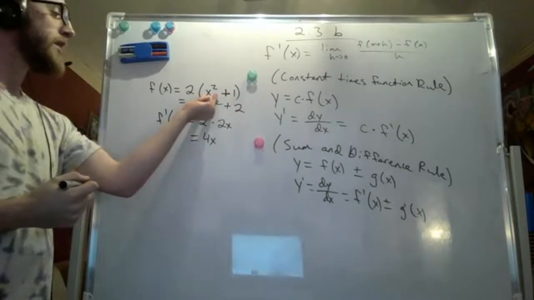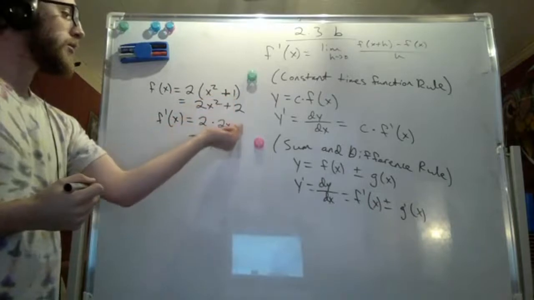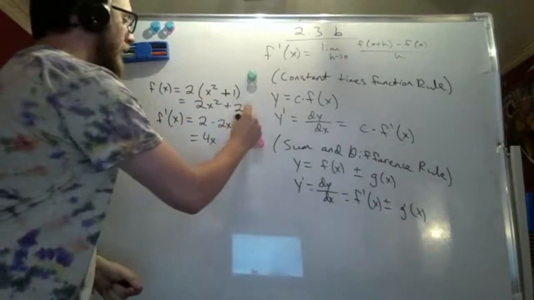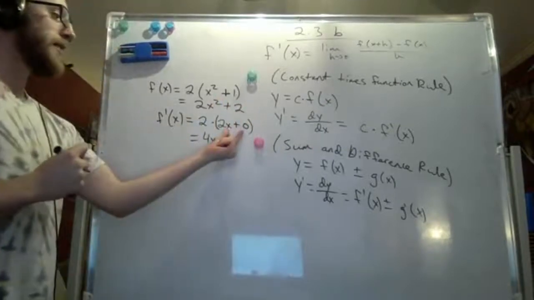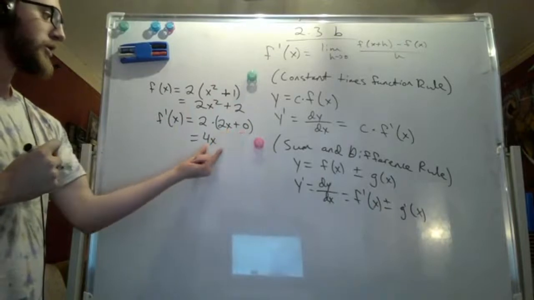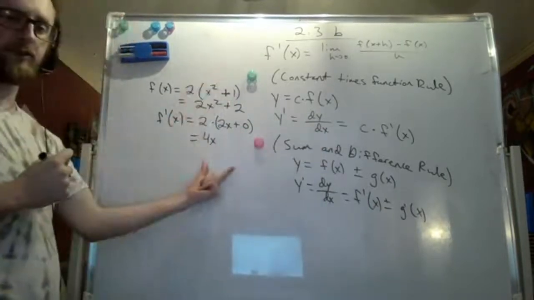The derivative of x squared was 2x, and the derivative of 1 was 0, so I didn't have to write anything there. So if I had written it all out, then I'd have the plus 0 here in the parentheses, which still got me to the same answer. So I ended up using the sum and difference rule when I took this derivative.